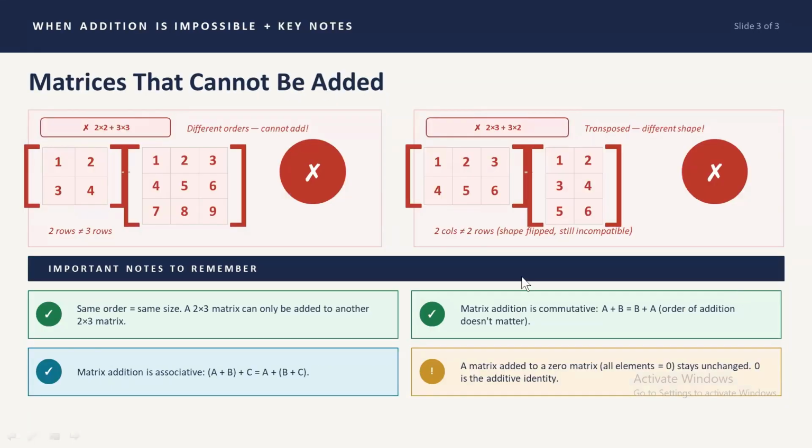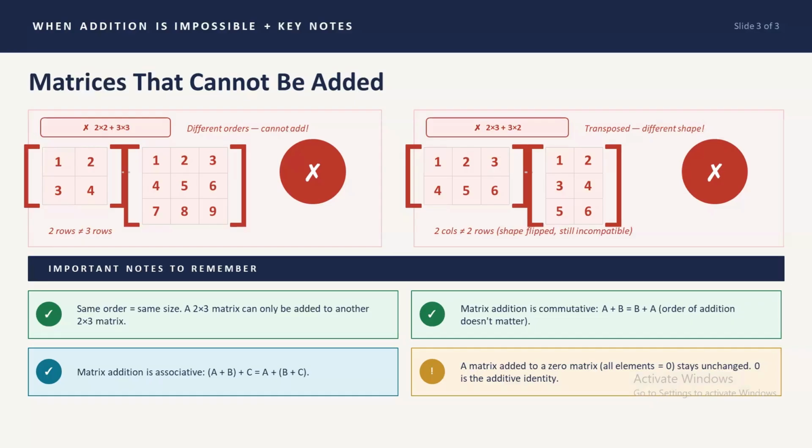As you can see here, these are matrices that cannot be added. We have a 2 by 2 and a 3 by 3 matrix. They cannot be added together because they have different entries. There are different rows and columns in each of them. So to add these matrices, you must ensure that they have the same form.